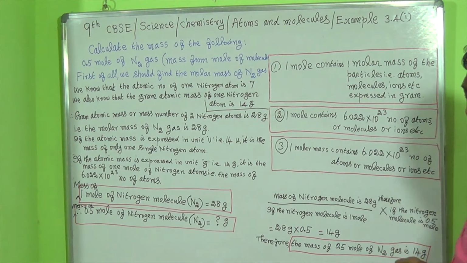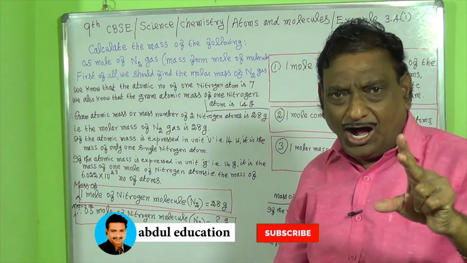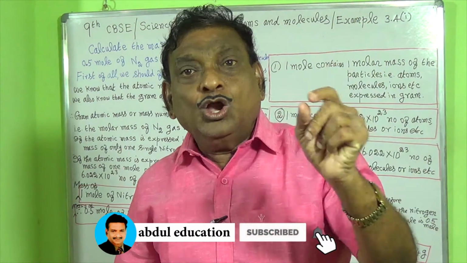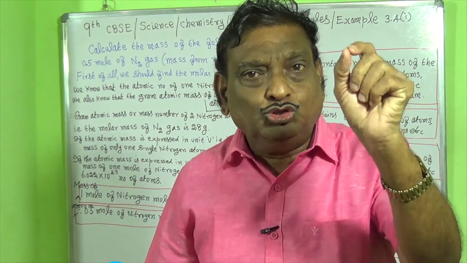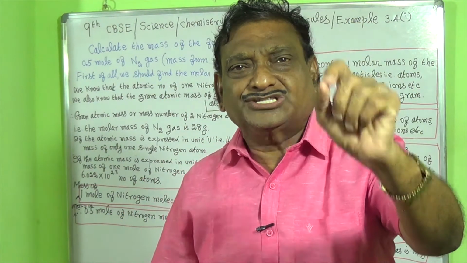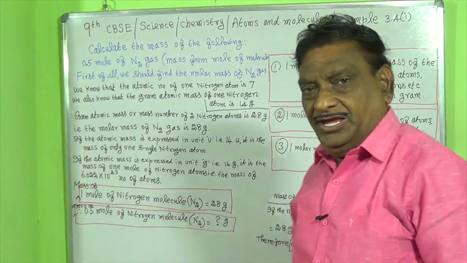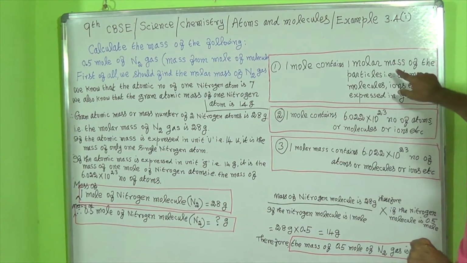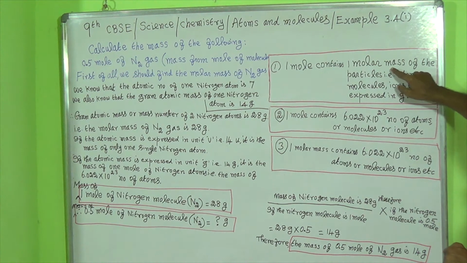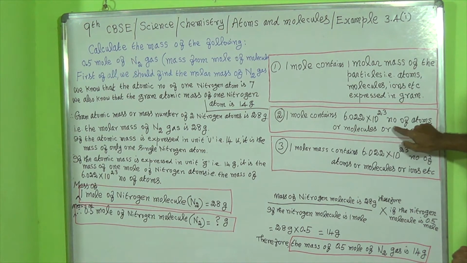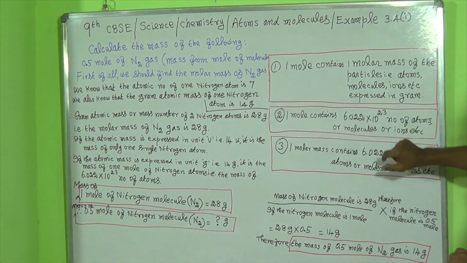We know that if two different data are equated to the same data, those two different data will be equal. Here, the two different data are molar mass and the number of atoms or number of molecules.